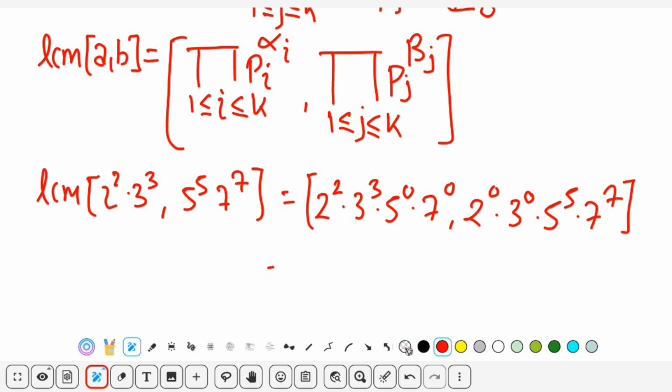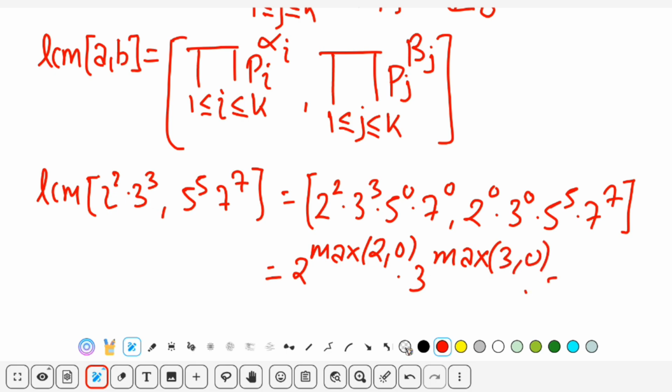Now in LCM we consider the maximum power of the same prime number like this, like 2 to the power the maximum of 2 and 0 times 3 to the power the maximum of 3 comma 0, 5 to the power the maximum of 0 comma 5 times 7 to the power the maximum of 0 comma 7.